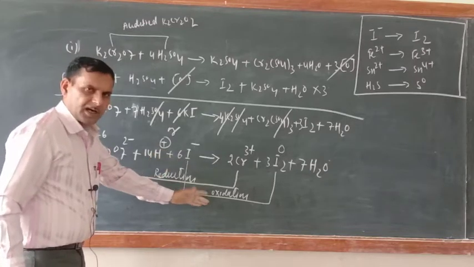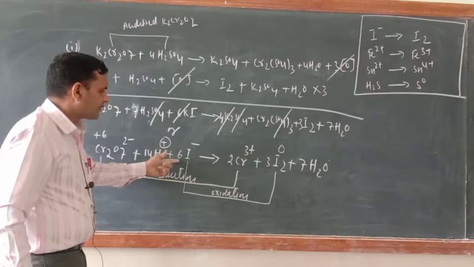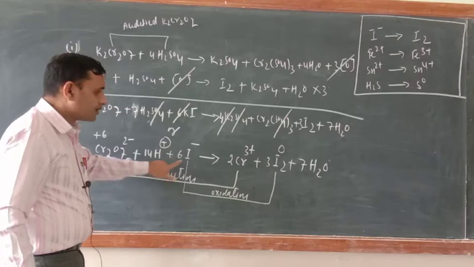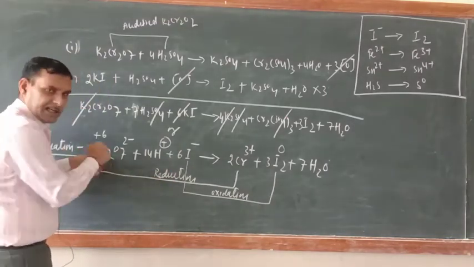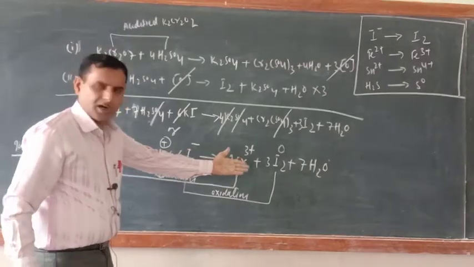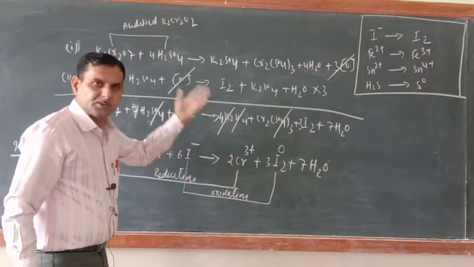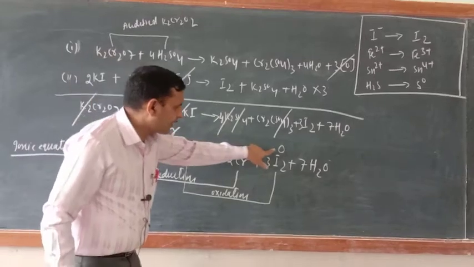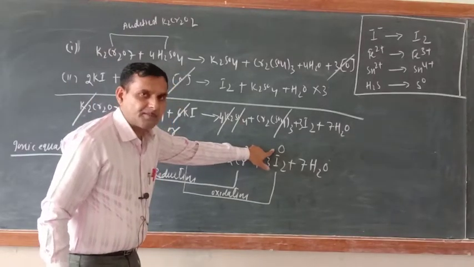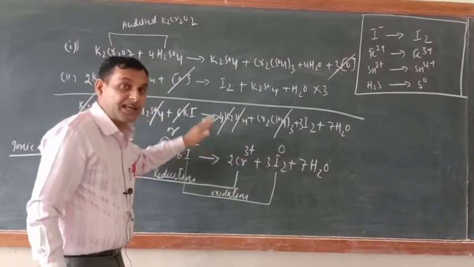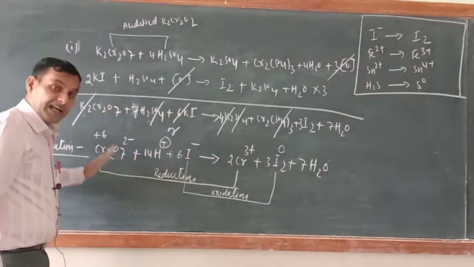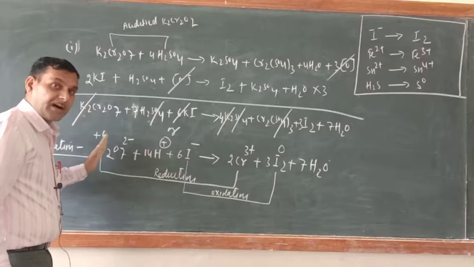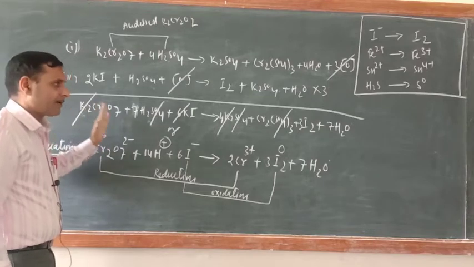This is undergoing oxidation, so this is the reducing agent, and the other is undergoing reduction, hence oxidizing agent. Now you have got the ionic form also. So I negative is getting transformed into I2, meaning I is oxidized into I2 because of the nascent oxygen furnished by acidified potassium dichromate.